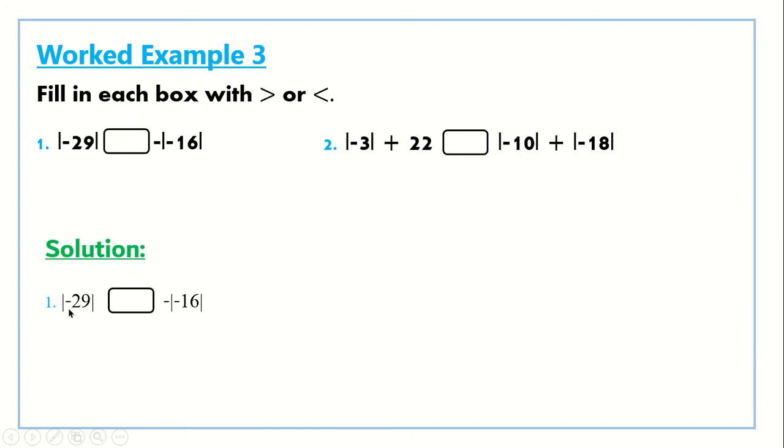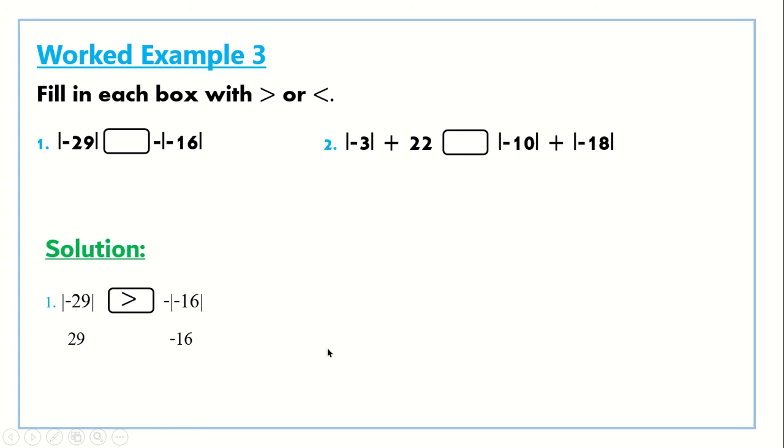So we know that the absolute value of negative 29 is 29, and the absolute value of negative 16 is 16. But because of this negative, we will get negative 16. And then we know that 29 is more than negative 16.